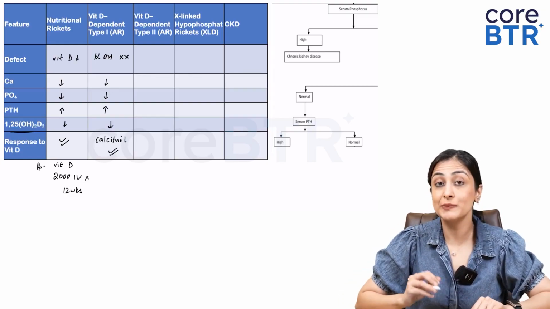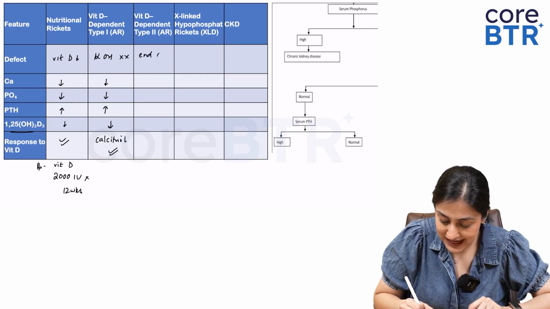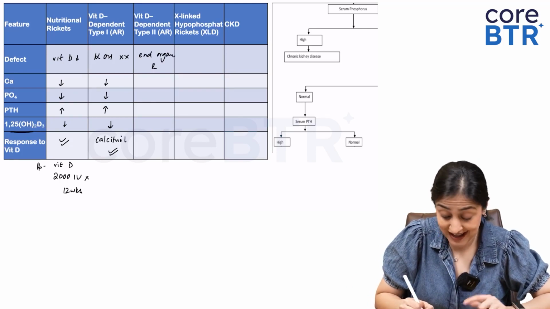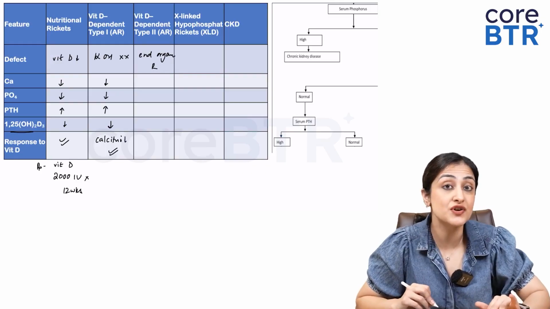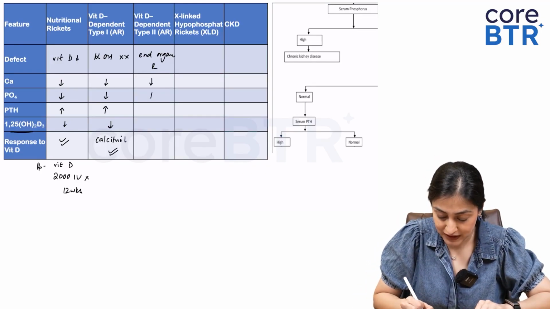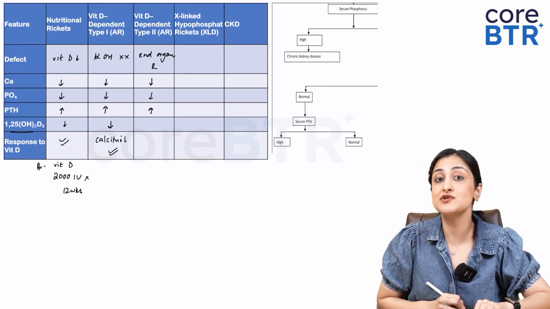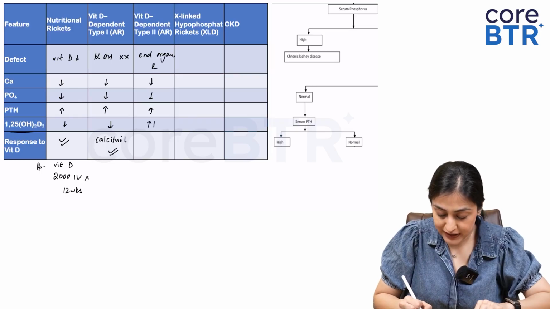When we talk about vitamin D dependent rickets type 2, this is where the problem is end organ resistance, that I have vitamin D but the receptor is resistant. So again, the end result is I don't have vitamin D. So calcium phosphate low, PTH high. But what happens to the levels of calcitriol? They are very high, right?